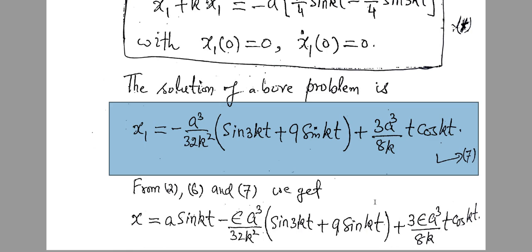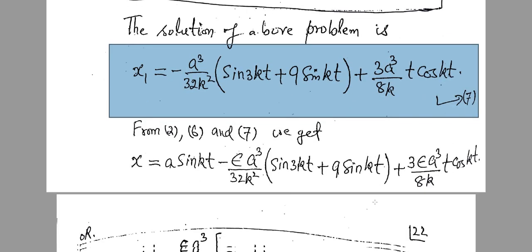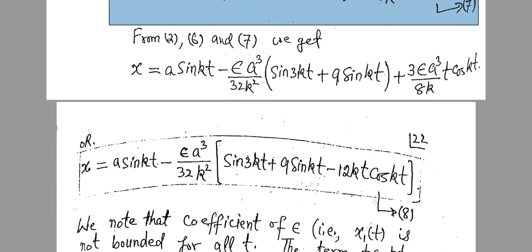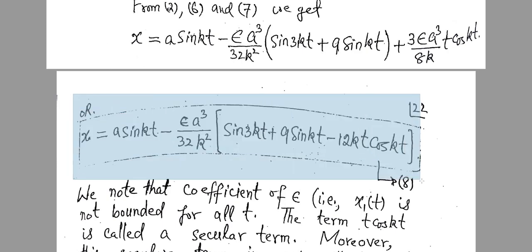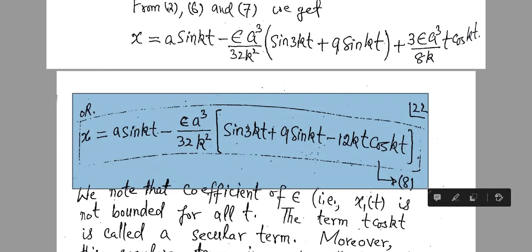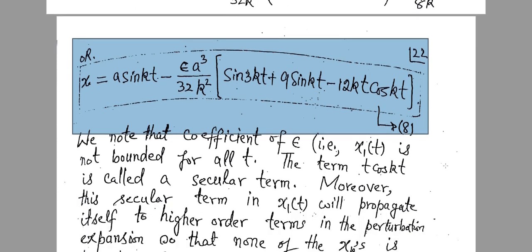Therefore, putting the value of x naught and x1 from equation 6 and 7, we get our required solution for this problem, which is given by equation number 8 and is highlighted over here. This is our required solution x for this second order initial value problem.